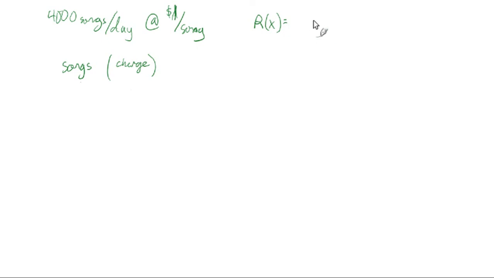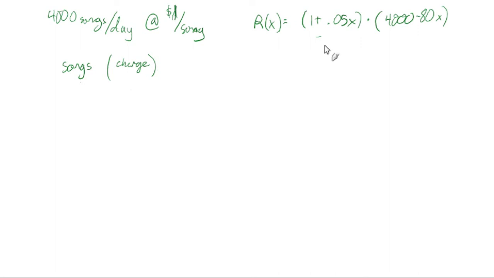And it even puts a little explanation in there, but I picked this problem so that we could make sure we understand why each part is the way it is. All right. So what we're seeing here is, in this part it says the price per song, dollars per song.